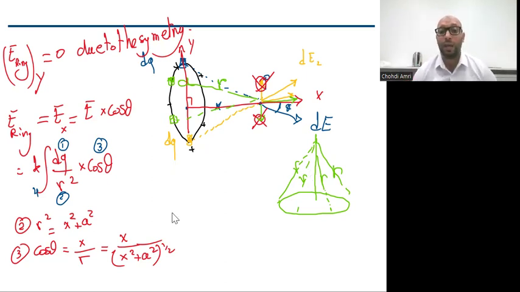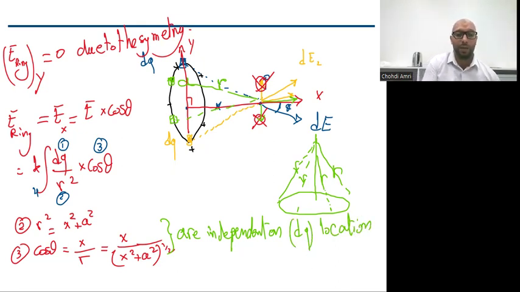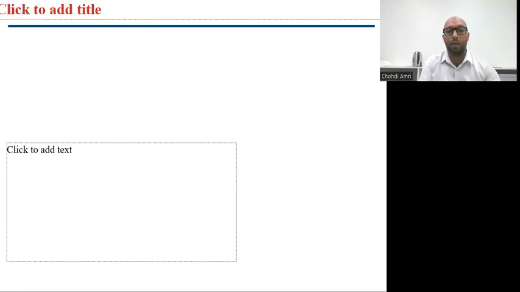So what we can say about this r squared and cosine theta is that they are independent of the dq location. So they will be considered as constant, and as a result, they will be out of the integral.